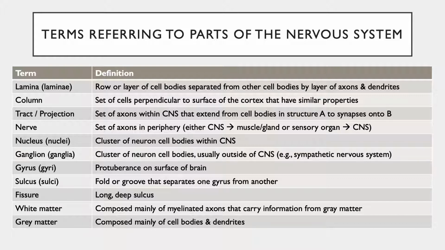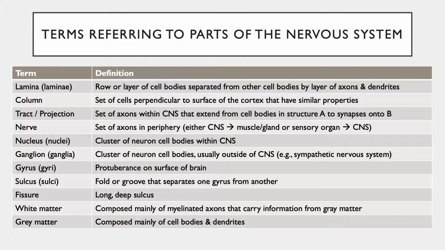A nucleus, plural nuclei, is a cluster of neuron cell bodies within the central nervous system. The substantia nigra is a nucleus of dopaminergic cell bodies located within the brain.